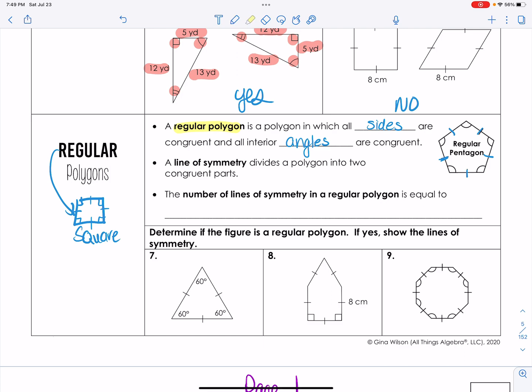The line of symmetry divides a polygon into 2 congruent parts. So if I put a symmetry line down the middle and I flipped it on top of that yellow line, they would be equal. Okay. The number of lines of symmetry in a regular polygon is equal to the number of sides.